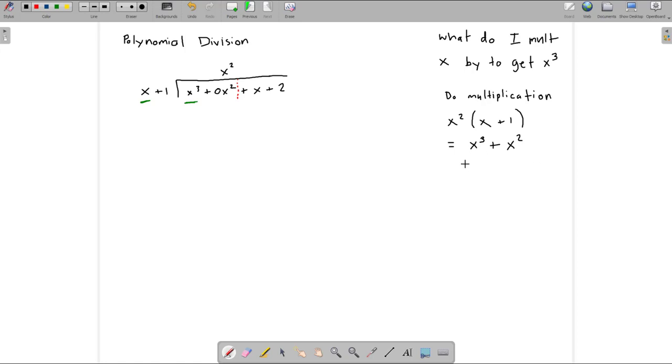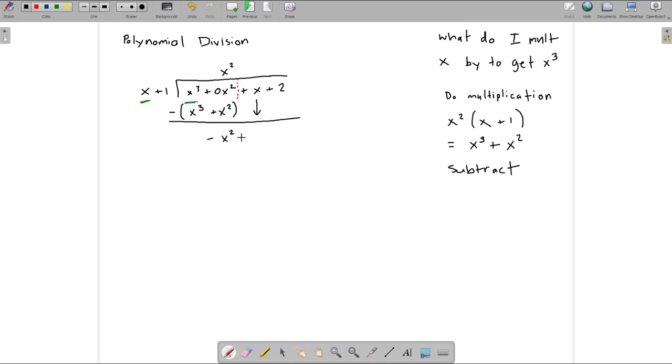And I want to subtract that. So x cubed plus x squared, this whole thing, subtracting it. And so we see that our x cubes cancel out here. And I have 0 x squared minus 1 x squared. So that's going to give me minus 1 x squared, or just minus x squared.